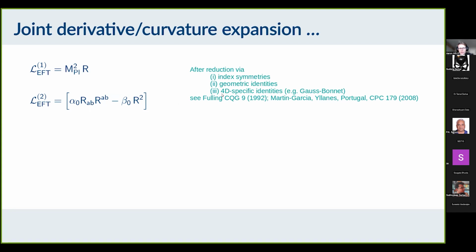And in this case, very importantly, you use 4-dimensional specific identities. Here, for instance, the Gauss-Bonnet identity. Otherwise, you could also write down a Riemann squared, right? You would probably expect that there's a Riemann tensor invariant. But with this third point, you can rephrase that invariant into the ones which are shown here, up to boundary terms.